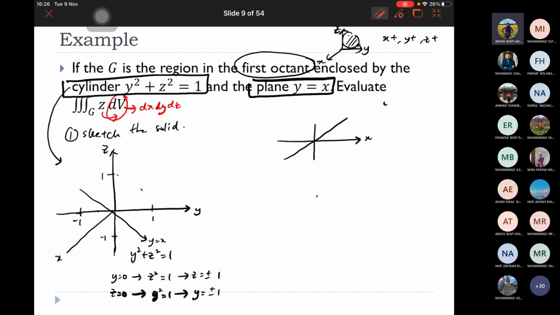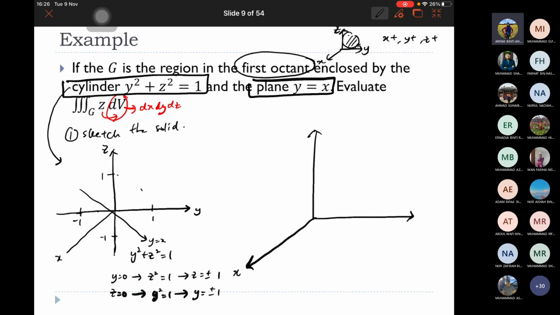So if we combine all of this one, you are going to have, okay, let's say this is your X, Y dan juga Z. Dan dia terletak dekat first octant sahaja. So dekat 1, yang ini ada 1 dan awak ada persamaan Y sama dengan X. So katakan dekat, imagine dekat belah bawah ni. So ada satu garisan Y sama dengan X.